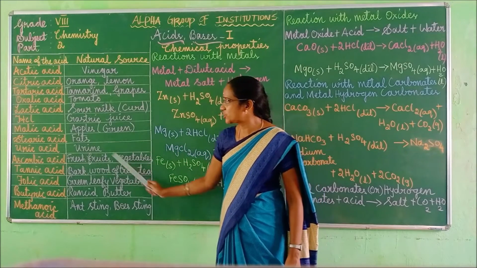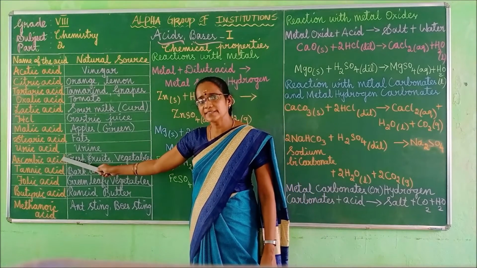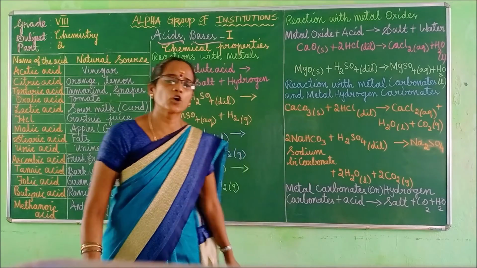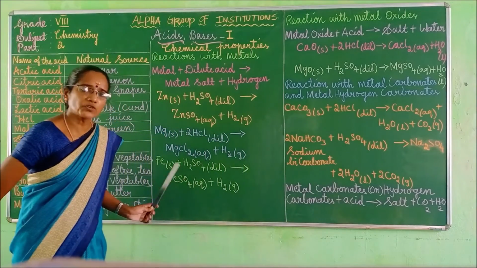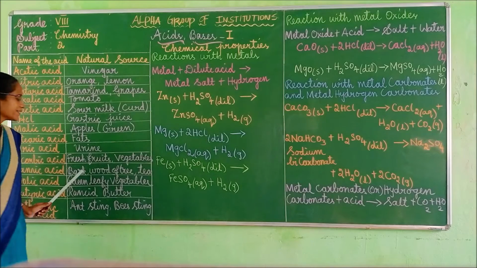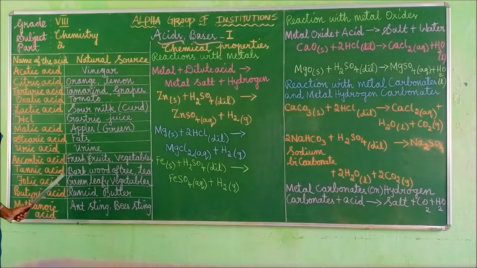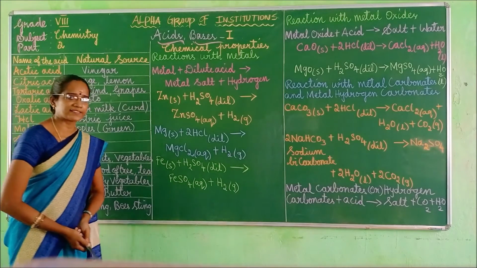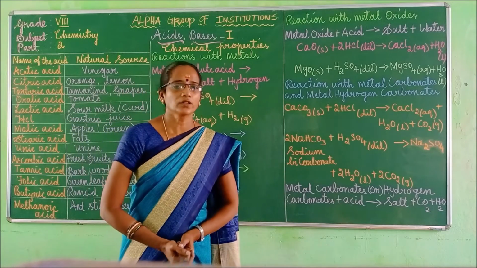Fresh fruits and vegetables contain ascorbic acid. Okay, ascorbic acid is present in fresh fruits and vegetables. Next, tea leaves, bark and wood of trees contain tannic acid. Green leafy vegetables contain folic acid. Folic acid is present in green leafy vegetables, rancid butter contains butyric acid, and ant sting and bee sting contain methanoic acid. It's a very important one-mark question.